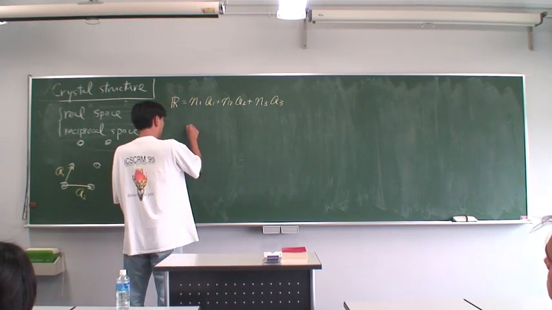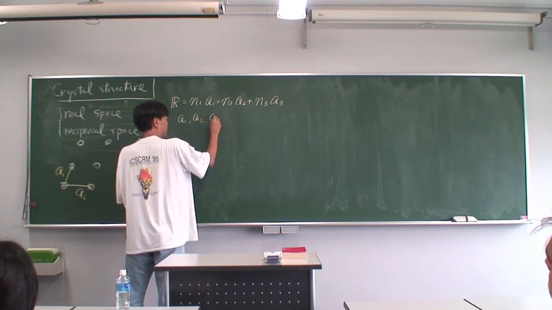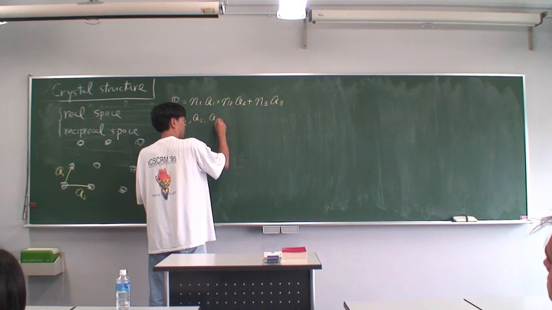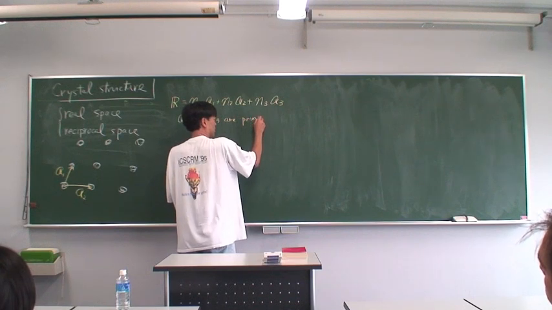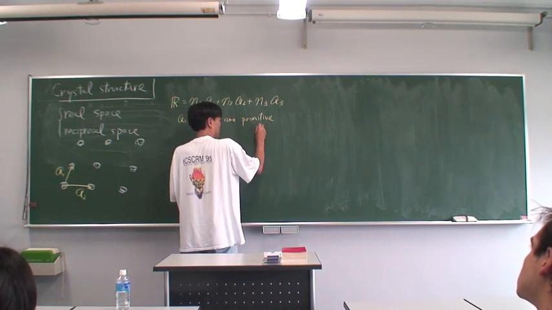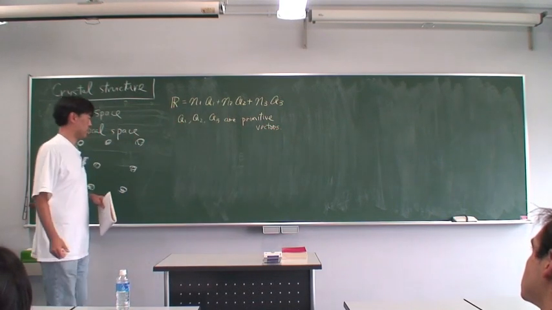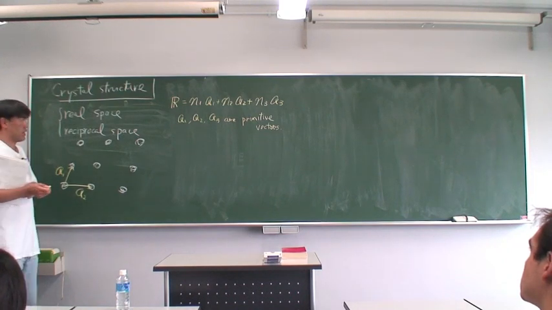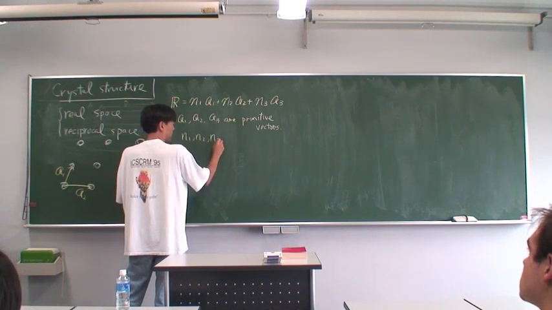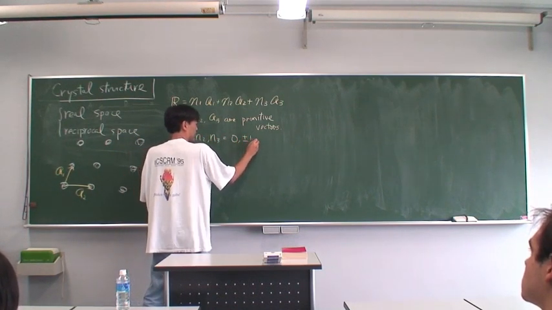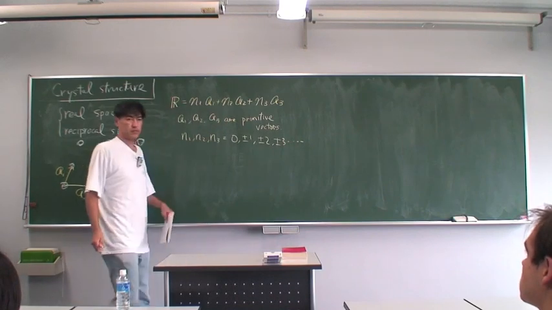And I say A1, A2, A3 are primitive vectors. And N1, N2, N3 are 0, plus minus 1, plus minus 2, plus minus 3, and so on.